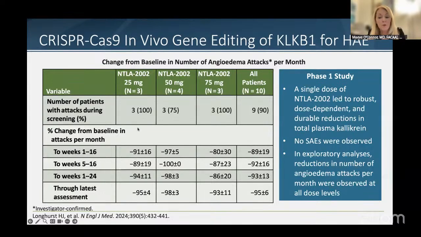So this is the first trial involving an in vivo gene editing approach in HAE, and this has really the potential for being very groundbreaking and possibly even a functional cure for hereditary angioedema.